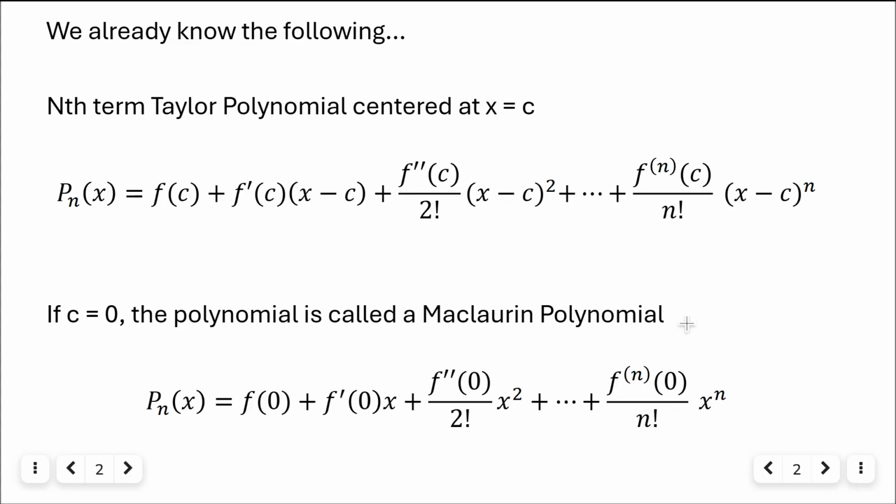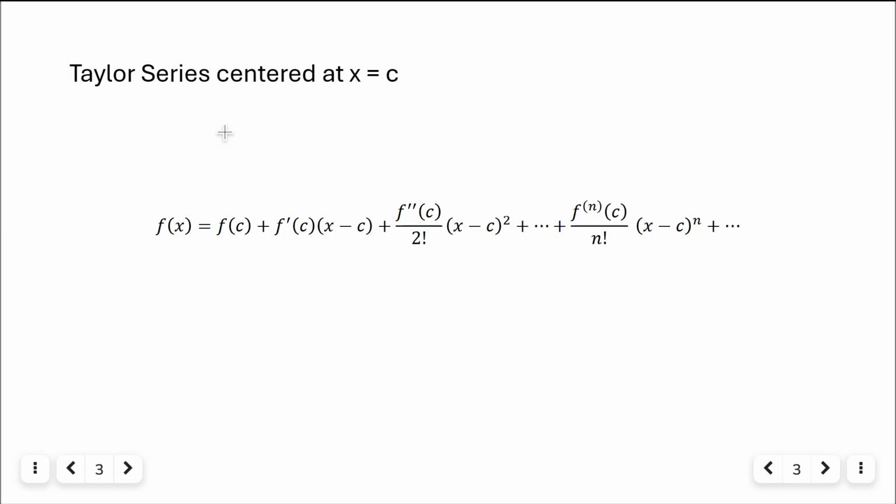But how do we take these polynomials and turn them into series, especially if we want to turn it into an infinite series? Well, we can do that too. To do that, we would write a Taylor series centered at c.